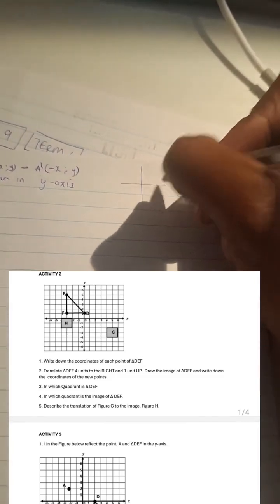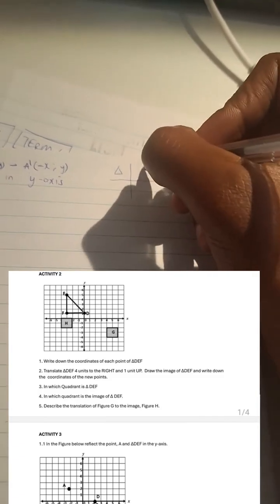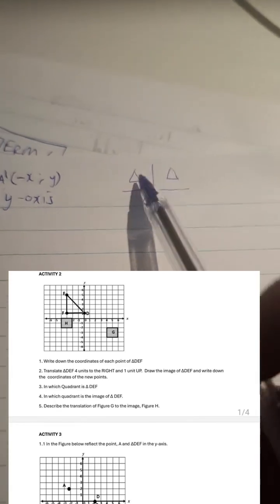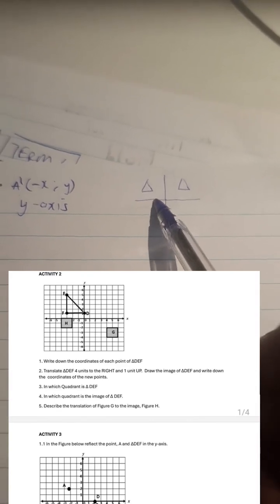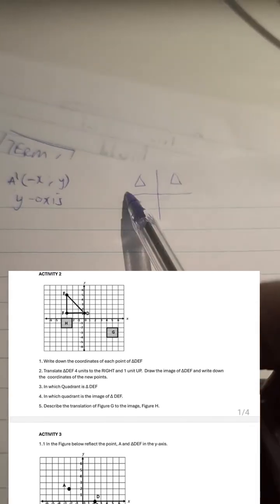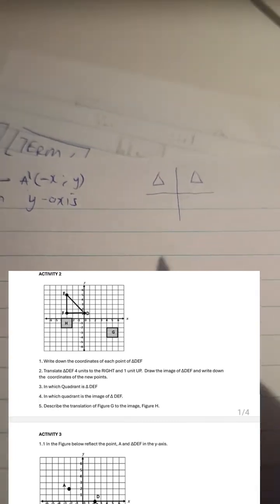Because we are reflecting along which axis? We are reflecting along this axis, and if we are reflecting along it, our x value, if it was negative, will now be positive. Or if the x value was positive, it will now be negative because we are reflecting along the what?